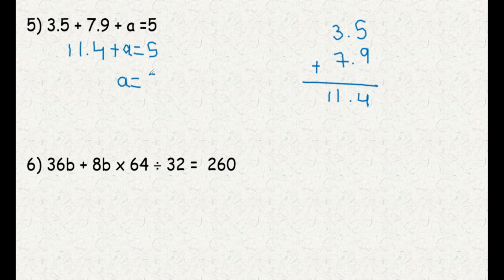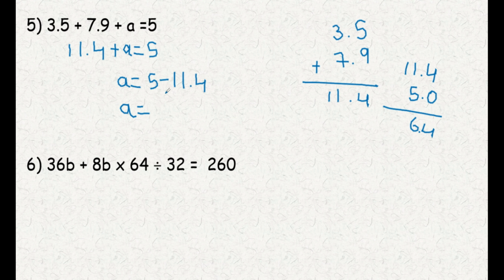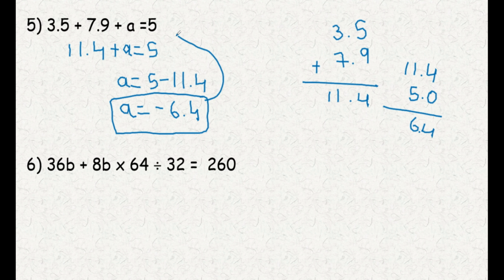Let a be this side, and 11.4 goes this side, it becomes minus 11.4. a is equals to, first let's subtract this 11.4 and 5. It's 6.4. The minus symbol is assigned to the bigger number, so minus 6.4. The a value is minus 6.4. If you want, you can substitute this a value here and you will get the same answer.